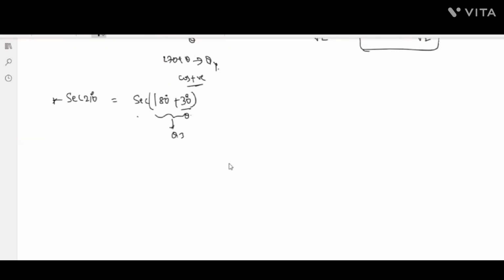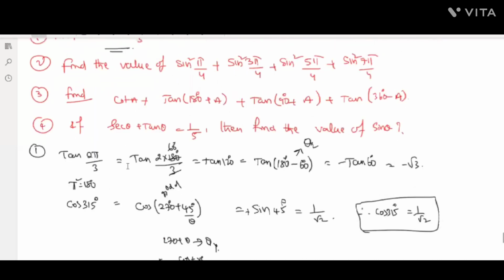In quadrant 3, secant is negative, so we will get a negative answer. And 180 is an even angle, so there is no change in the trigonometric ratio. So we get minus secant 30 degrees. Cos 30 is root 3 by 2, so secant 30 is 2 by root 3. So we get minus 2 by root 3 as the answer. So this is the first question solution.